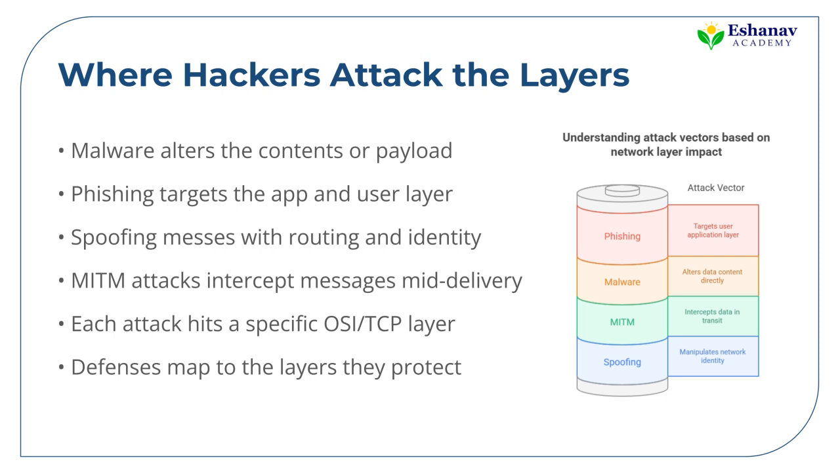When you understand these layers, you see where things can break, and more importantly, how to defend them. Firewalls, VPNs, encryption, they each protect specific layers. This layered view helps security teams pinpoint issues fast, respond smartly, and prevent deeper breaches.